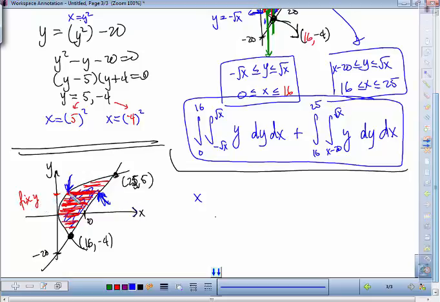Our inner integral is going to go from this function, and since this is an x limit, I need to write this as an x equals to function. What's x equal to in this case? This function right here, y squared. So that's my lower limit. And then my upper limit up here is going to be x equals to what? What is it? Y plus 20?